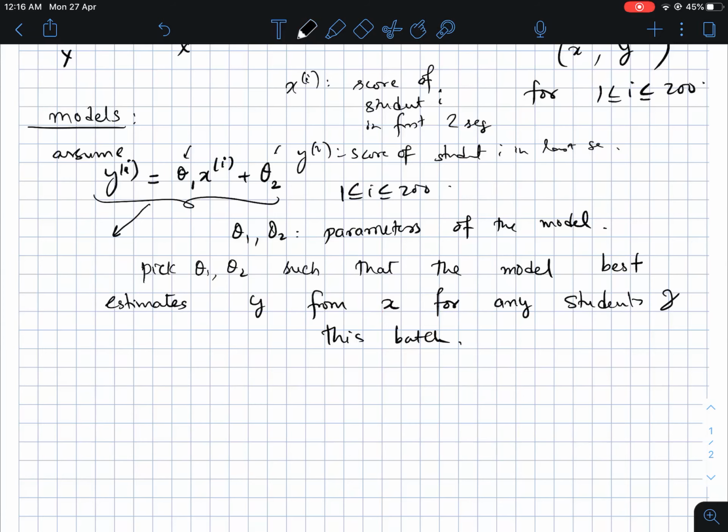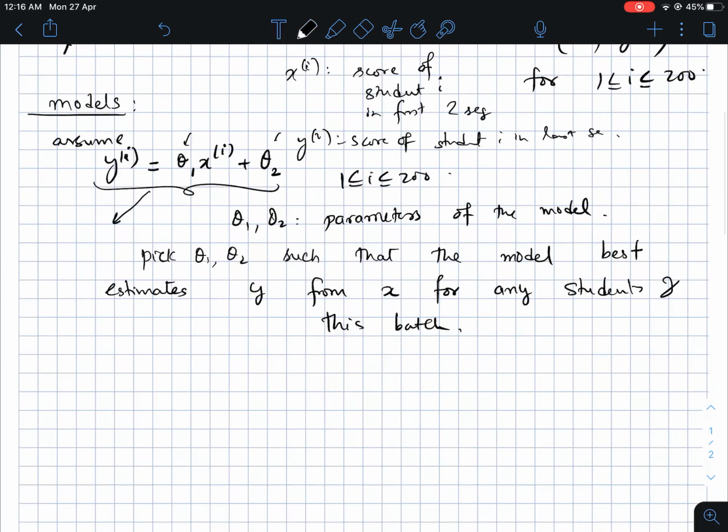So what I will do is construct the model error, the error in the model, on available data. This is going to be something like y_i minus theta 1 x_i minus theta 2.